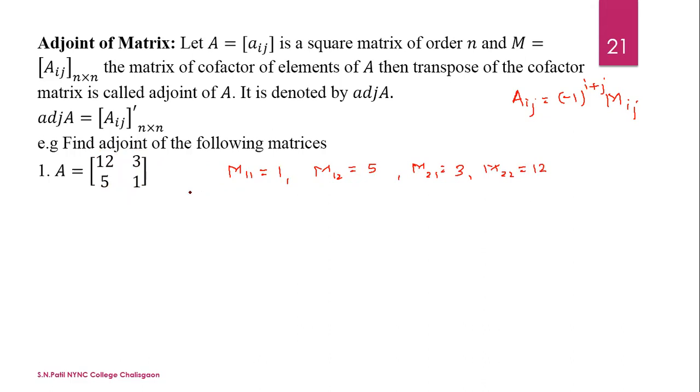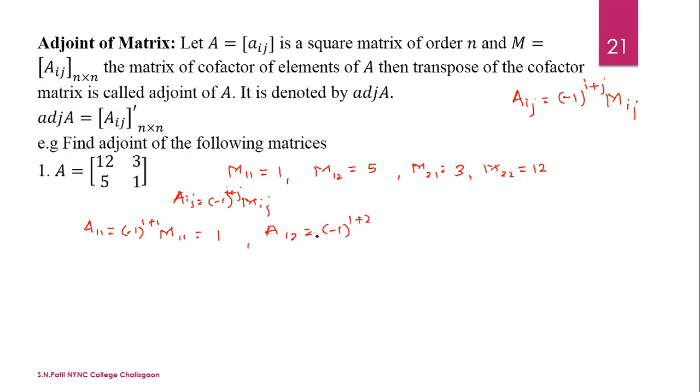Then cofactor of an element is Aij is equal to minus 1 raised to i plus j into Mij. That is A11 is equal to minus 1 raised to 1 plus 1 into M11. Here minus 1 raised to 1 plus 1, that is 2, so the sign is plus, as it is 1. Now A12 is minus 1 raised to 1 plus 2.